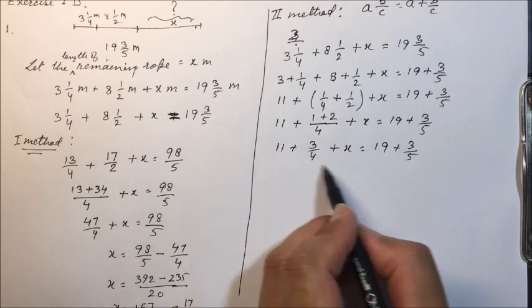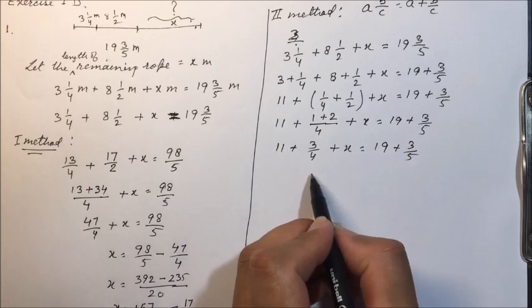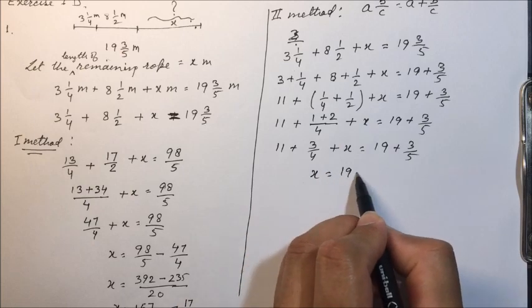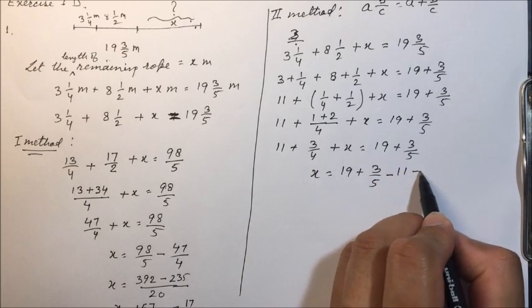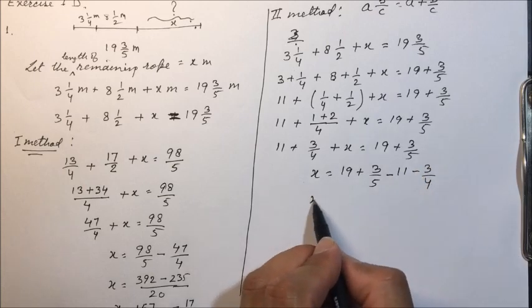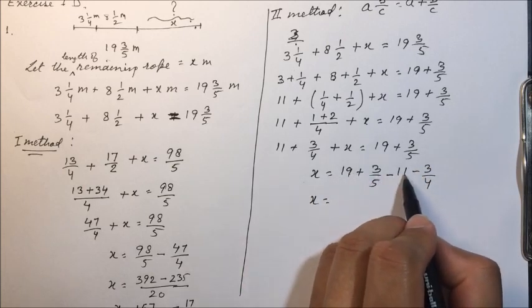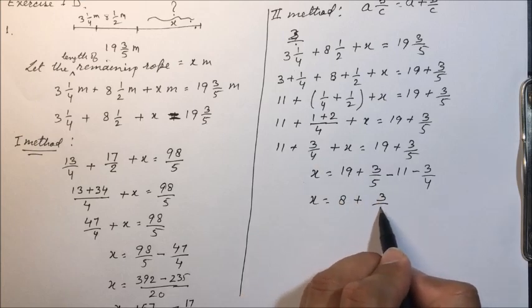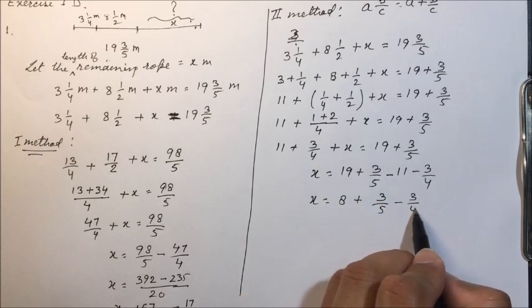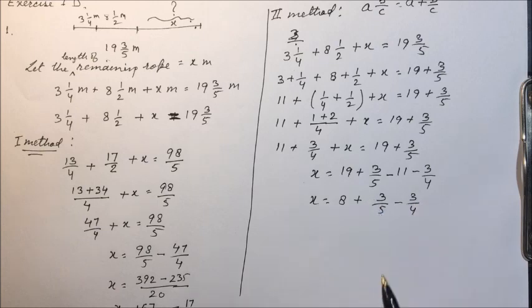If we take these two numbers on this side, they will be subtracted. So x equal to 19 plus 3/5 minus 11 minus 3/4. 19 minus 11, 8 we get, plus 3/5 minus 3/4. This we have to solve.